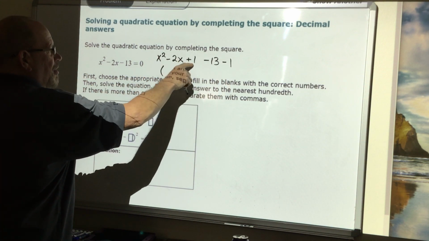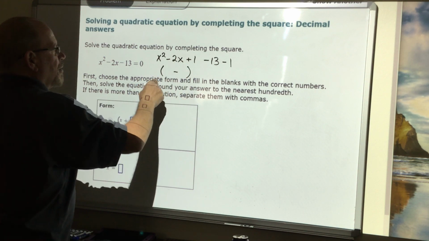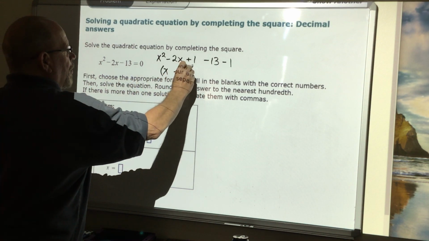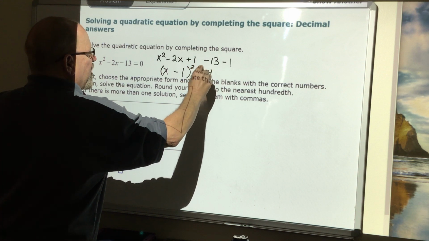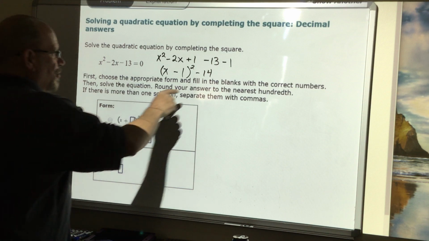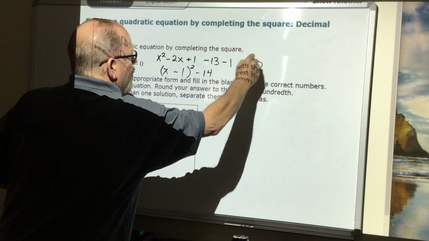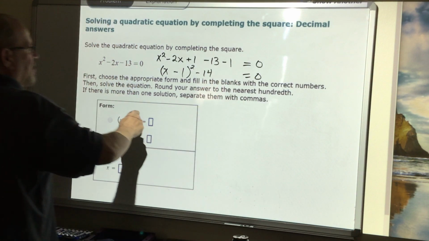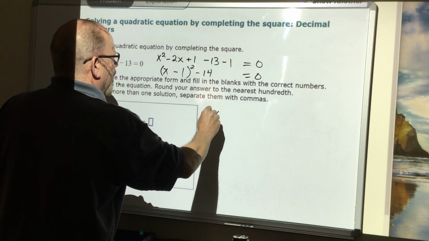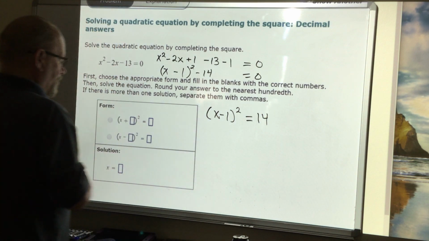Now this piece here is a perfect square with a minus in the middle. x minus 1 squared minus 14. Now the last thing I need to do, see that says equals 0? The last thing I need to do is add that 14 to both sides of the equal sign. And I get x minus 1 squared equals 14.